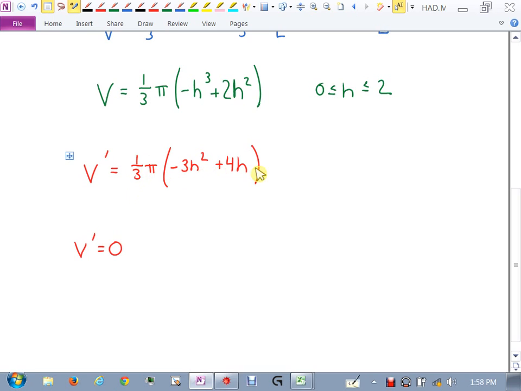I just need to set this to 0. So that means negative 3h squared plus 4h must be 0. Because if I set that equal to 0, I could just divide the 1/3 pi on both sides and it would be gone. Right? Sure? Okay.